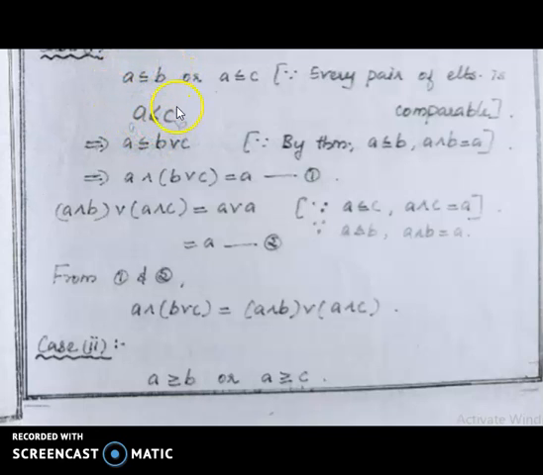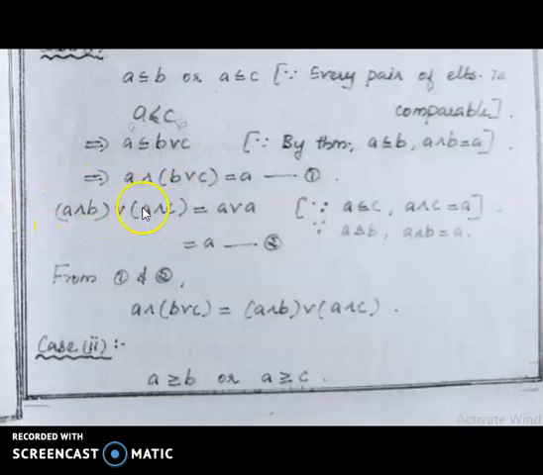So using the property, A less than or equal to C means A and C is equal to A, and A less than or equal to B means A and B is equal to A. Since we have both, A and B is A and A and C is A.